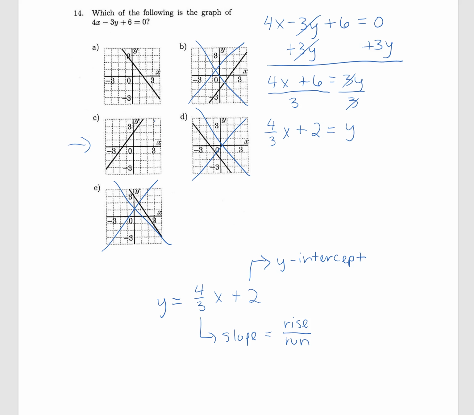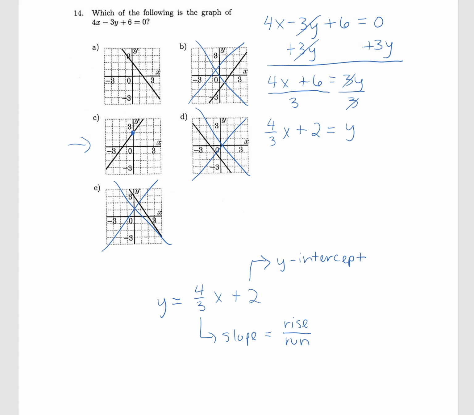But let's just check to make sure the slope is correct as well. And so the way I like to do this is to find a nice easy point on my graph. So I'm picking this one here, the y-intercept, and just seeing if the rise over run makes sense. So for every 4 units we go up, we should go over horizontally 3 units.